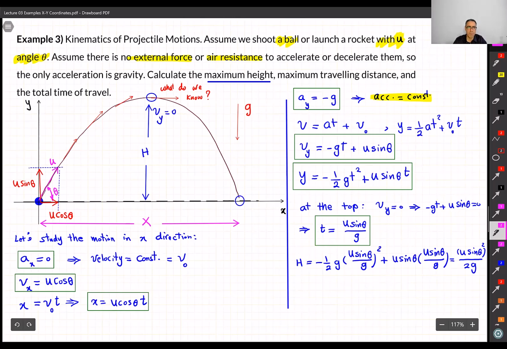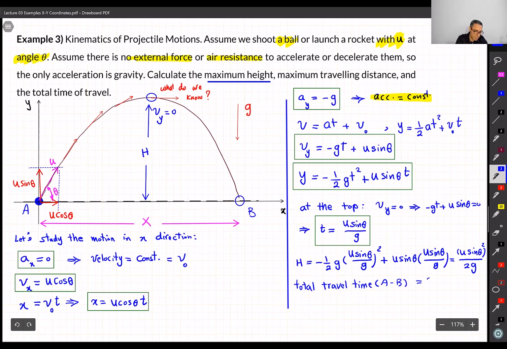So geometrically, we can prove that this path is symmetric. In other words, the time it takes for this ball to go up is the same as the time for this ball to come down. So the total travel time, from, let's call this point A to point B, is going to be twice what we calculated up there, 2u sine theta divided by g.